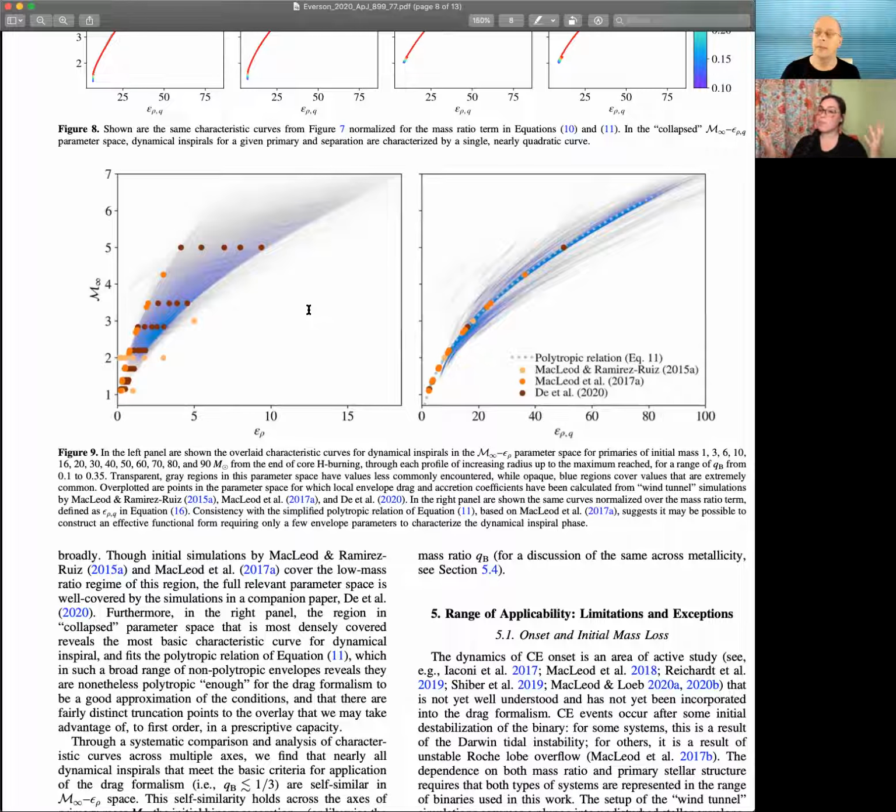It's not as simple as, say, the alpha energy formalism. It does require things like fitting functions or interpolating values, depending on which approach you want to take. But it's still far less complicated than actually having to analyze every single primary stellar profile or to do a 3D simulation. You don't need any of those things if this relationship holds.